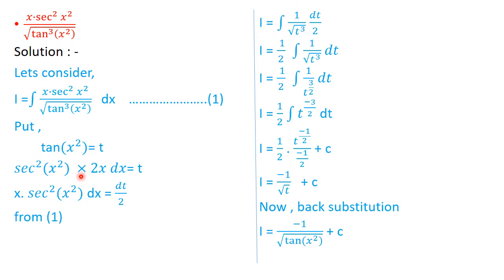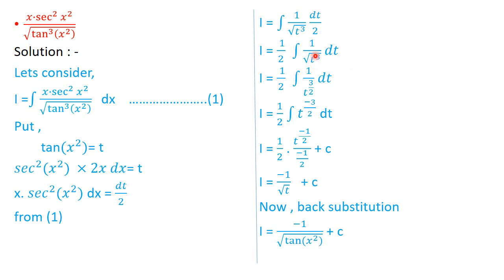Therefore, after substitution we will have 1 by root t cube into dt by 2. Therefore, I is equal to 1 by 2, the constant taken outside the integral, 1 by root t cube dt.